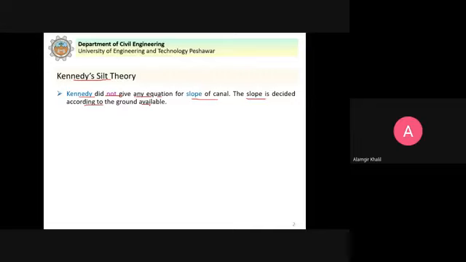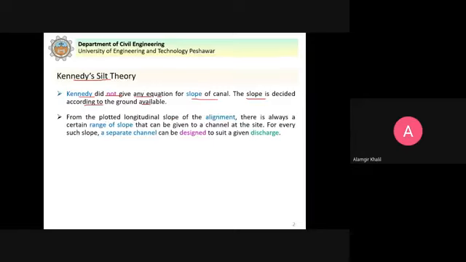So the slope is decided according to the ground available. From the plotted longitudinal slope of the alignment, there is always a certain range of slope that can be given to the channel at the side.